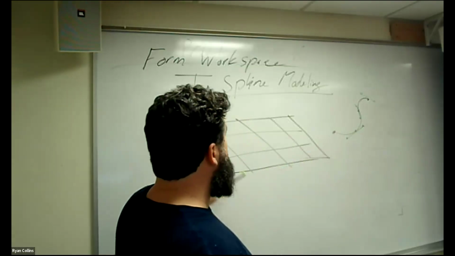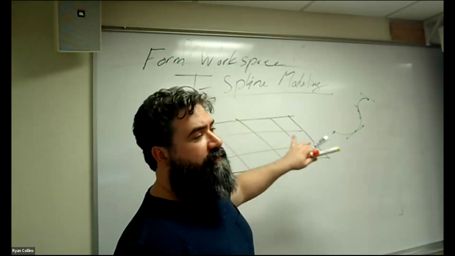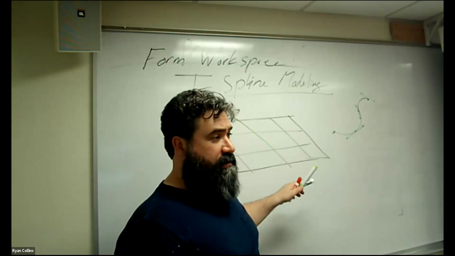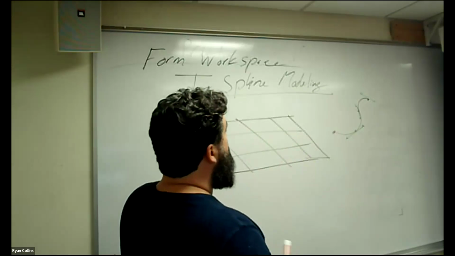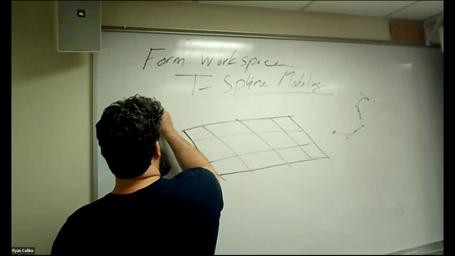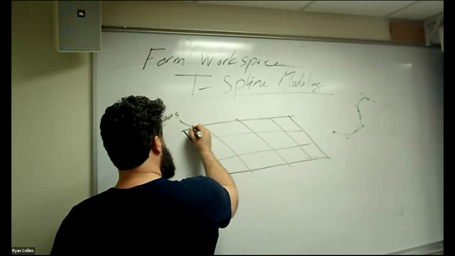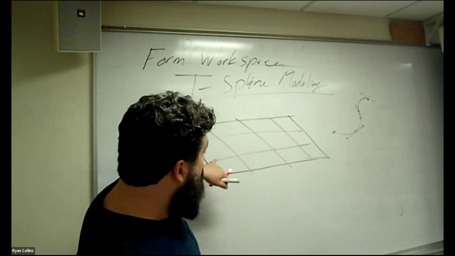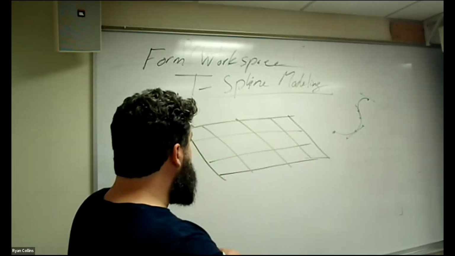How this functions is, think of your work first off as a flat sheet, or better yet, as a net, like a fishing net, if you will. On this, you have your lines, and the lines are edges, which kind of makes sense, because it's all at the edge, or going through, which doesn't really make as much sense, but it's called an edge.